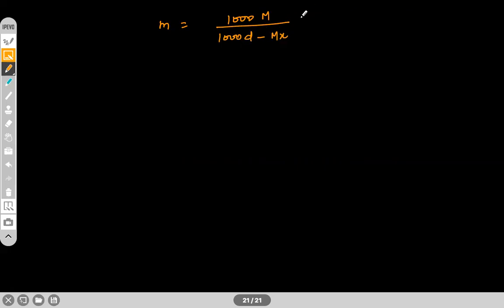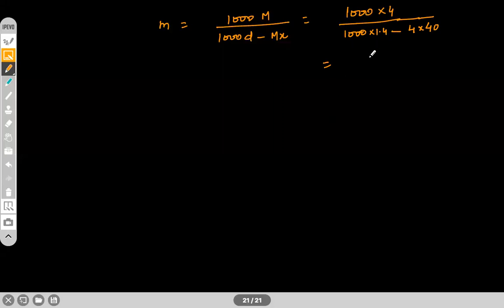What is the molarity given in the question? Molarity is 4, right? So 1000 into 4 divided by 1000 into density, which is 1.4, minus molarity 4 into molecular mass of NaOH, which is 40. Just you need to solve this, you will get the answer.